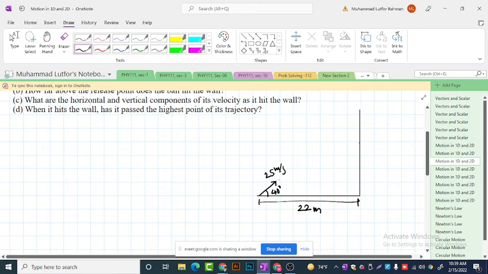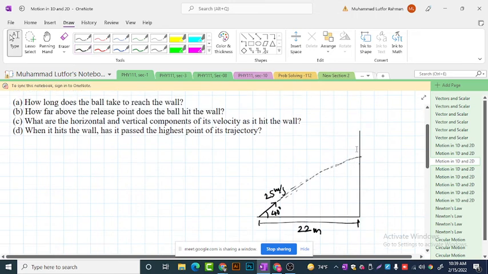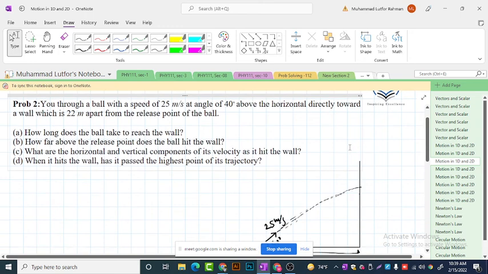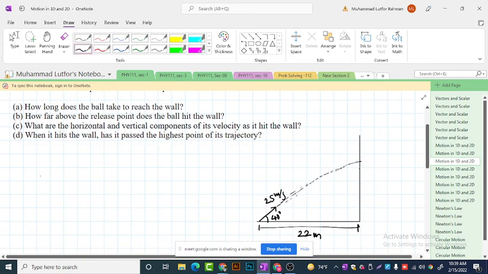Now the ball will follow this trajectory. Now the first question, how long does the ball take to reach the wall? What do you understand from this question? What are they asking?